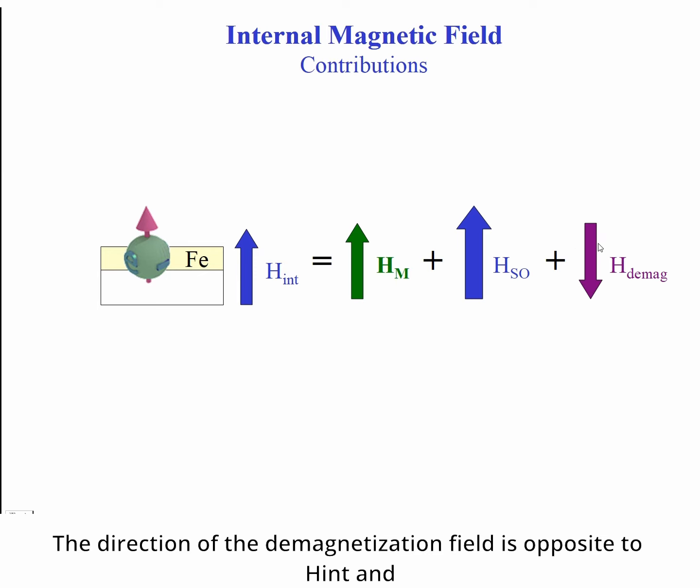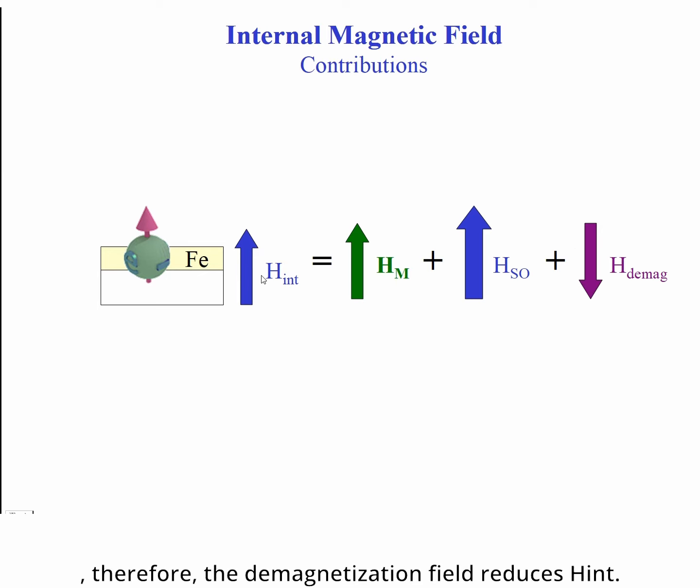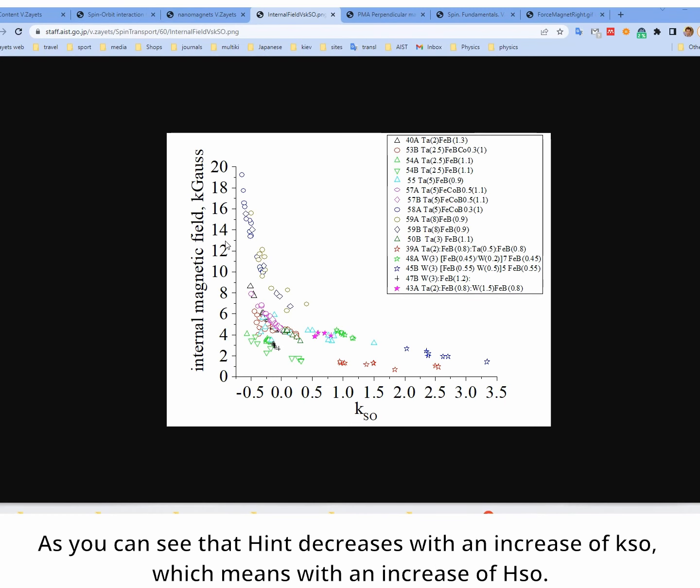The direction of the demagnetization field is opposite to the internal magnetic field, and therefore the demagnetization field reduces the internal magnetic field. As you can see, internal magnetic field decreases with increase of the coefficient of spin-orbit interaction, which means with increase of the magnetic field of spin-orbit interaction.